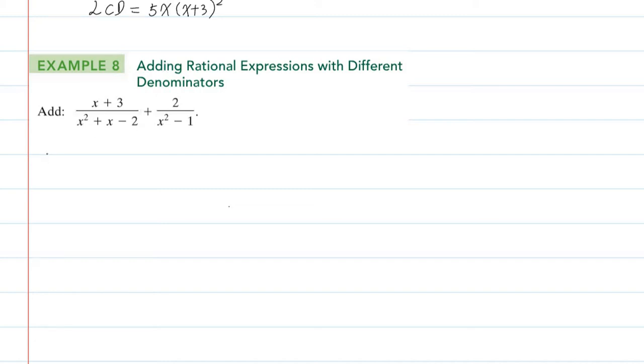Step 1, you must find the least common denominator. Let's find it on the right side. We look at the denominator for the first expression, x squared plus x minus 2. If we factor this, we get x plus 2, x minus 1.